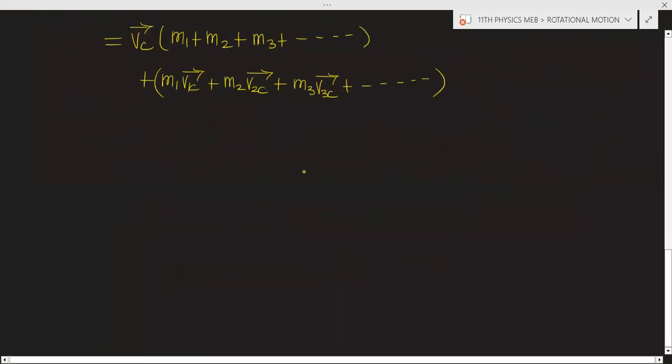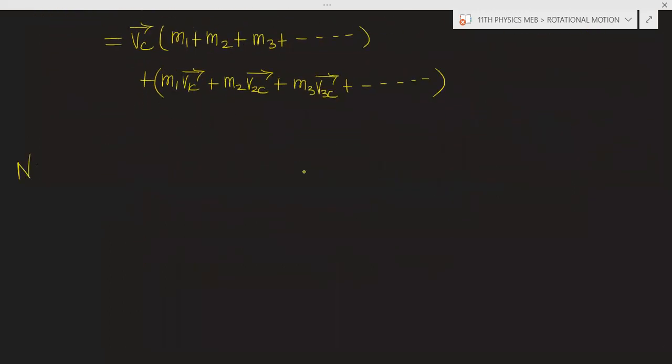Now one point I want to tell you. Suppose a mass m1 has velocity v1, another mass m2 has velocity v2, and a mass m3 has velocity v3.